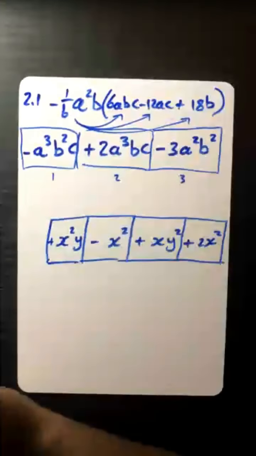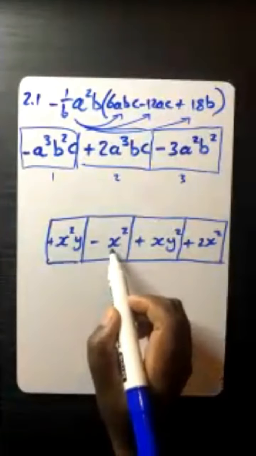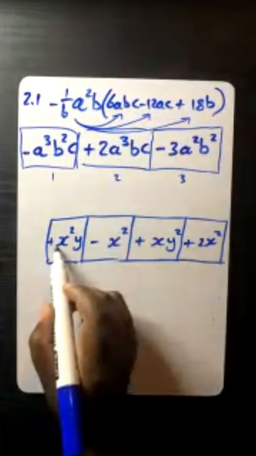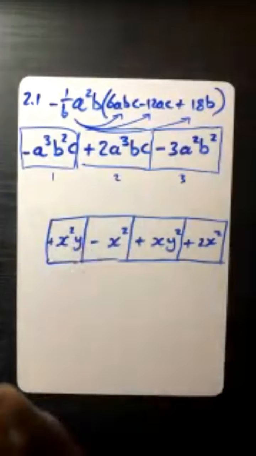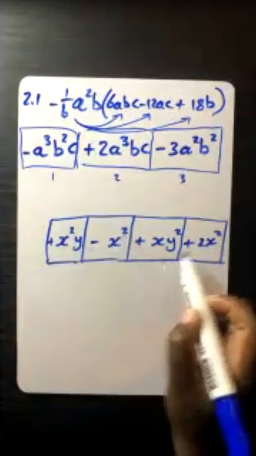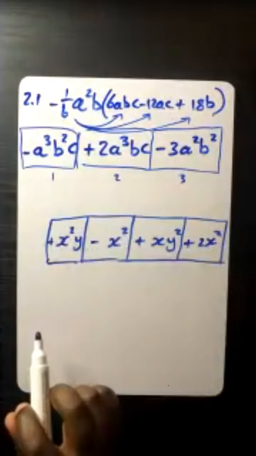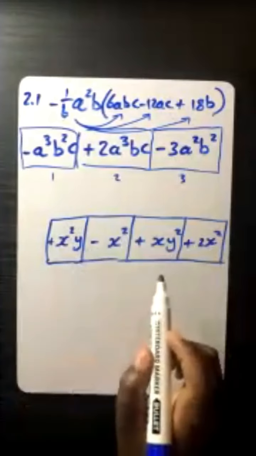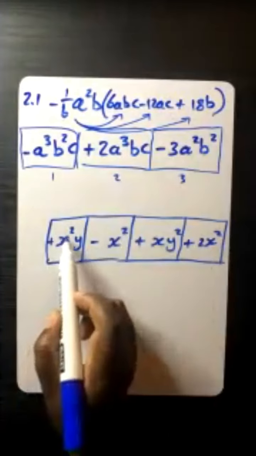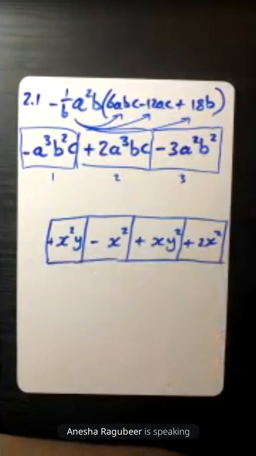So you cannot say x squared is a term which is the same as x squared y. Why? Because x squared times y is a term on its own. So when we talk about like terms, you must look for another term which has x squared and y. Do you see that term along that expression?